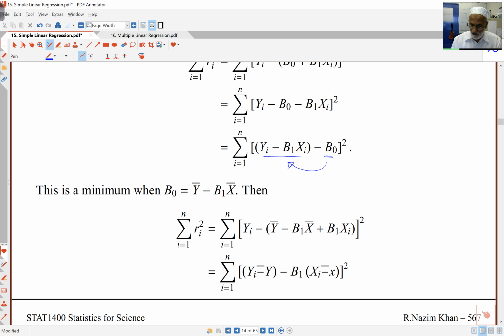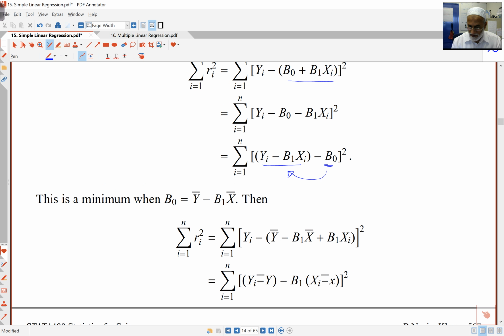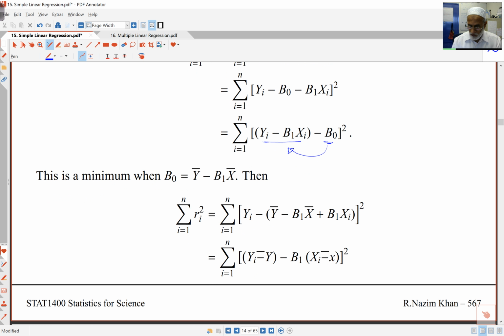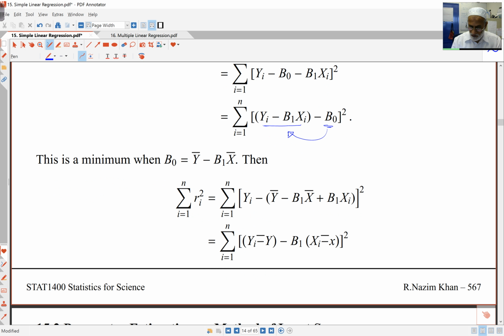I now put the value of b naught back in here. So I've got yi minus, and that expression, b naught is y bar minus b1 x bar, plus b1 xi. And I'm going to regroup the terms. So the yi minus y bar, and then minus b1 xi minus x bar. And this is an uppercase x bar as well.